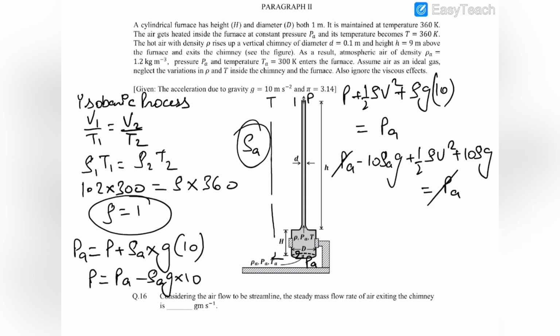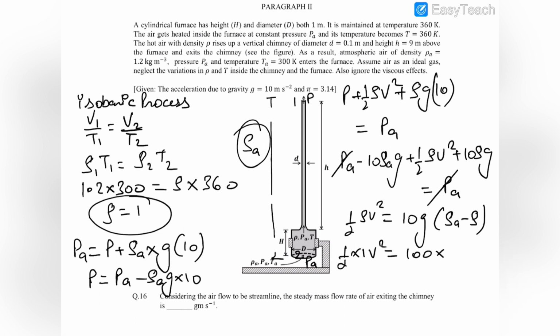So you can see that half rho V square is equal to 10 G common, and this is rho A minus rho. So half rho is 1, V square is equal to 100 into, this is 1.2 minus 1, which is 0.2. So V will be equal to under root of 40.